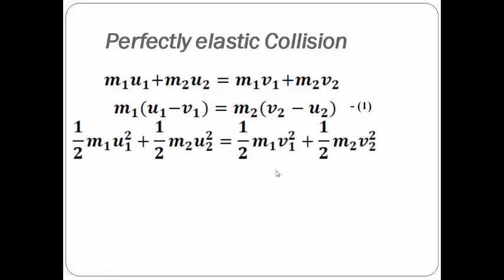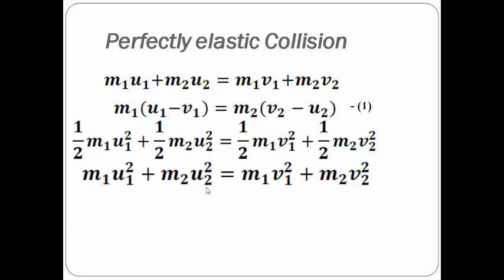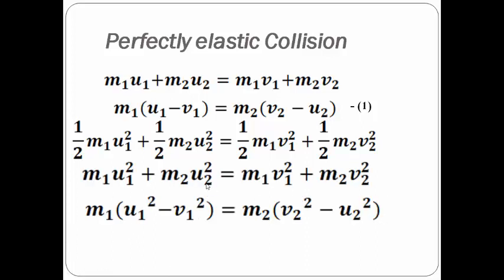Now for kinetic energy, the total initial kinetic energy will be equal to total final kinetic energy. We remember the equation for kinetic energy, half times mass times velocity squared. So we apply that to objects m1 and m2 for initial and final values. You can simplify this by removing the half, which is common on both sides, and then again we rearrange it the way we did for the momentum.